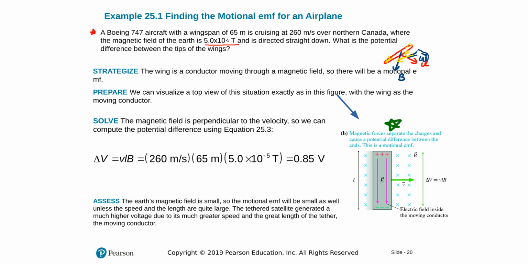Again, do this with me to see that is the case. So they will generate a potential difference delta V. How can I calculate that? As V, velocity, times the length of the wings, times the background magnetic field. There are a lot of readings here, but be careful and understand what's happening. You will see it's just a plug and chug question.